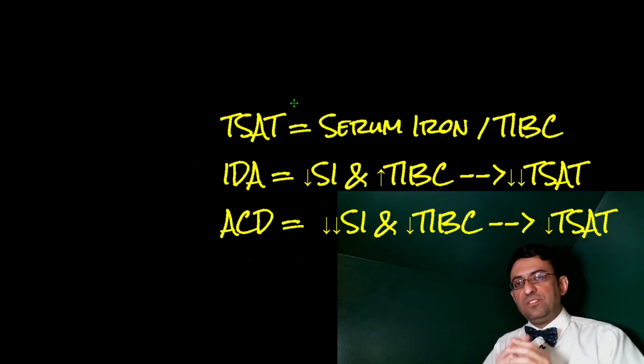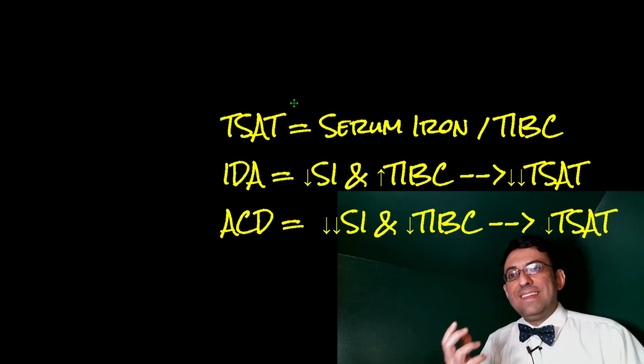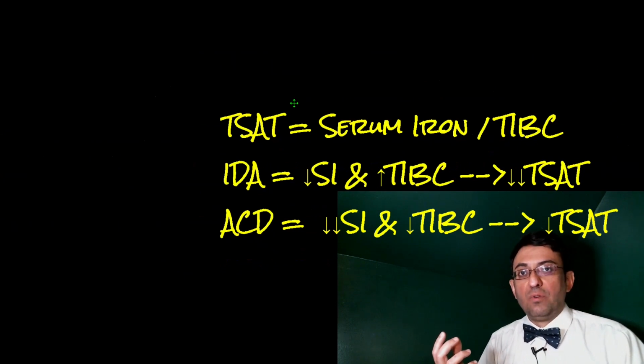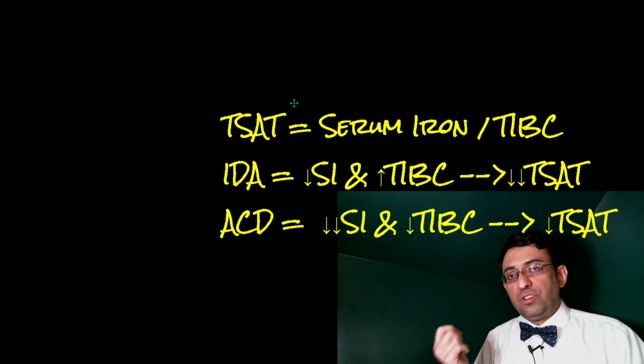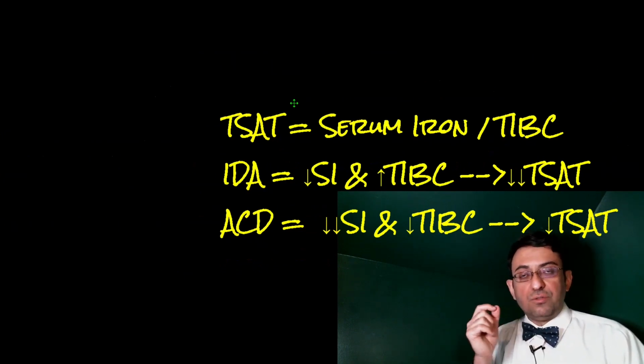Now, please remember that total iron binding capacity, which is how much overall binding sites on transferrin molecules are left available for binding to iron, is mainly determined by the total or stored iron quantities and to some extent also by the circulating or serum iron levels.